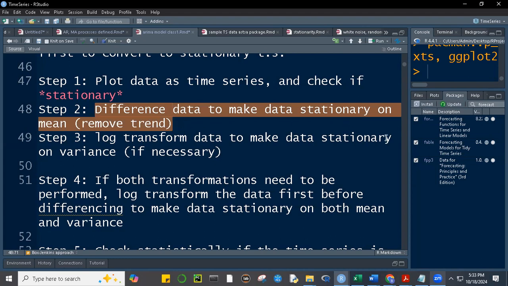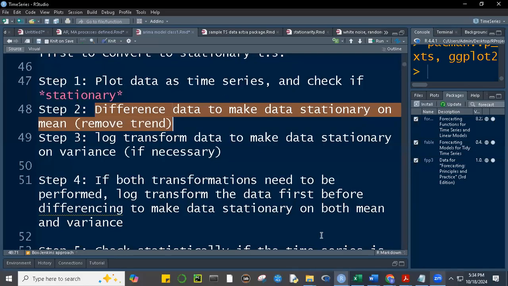And usually, pag dini-difference natin, class, nawawala yung trend. So that can cure the trend. Yung ARIMA natin yan, yung PDQ natin, yung D natin, 1 doon, kasi nag-difference tayo.